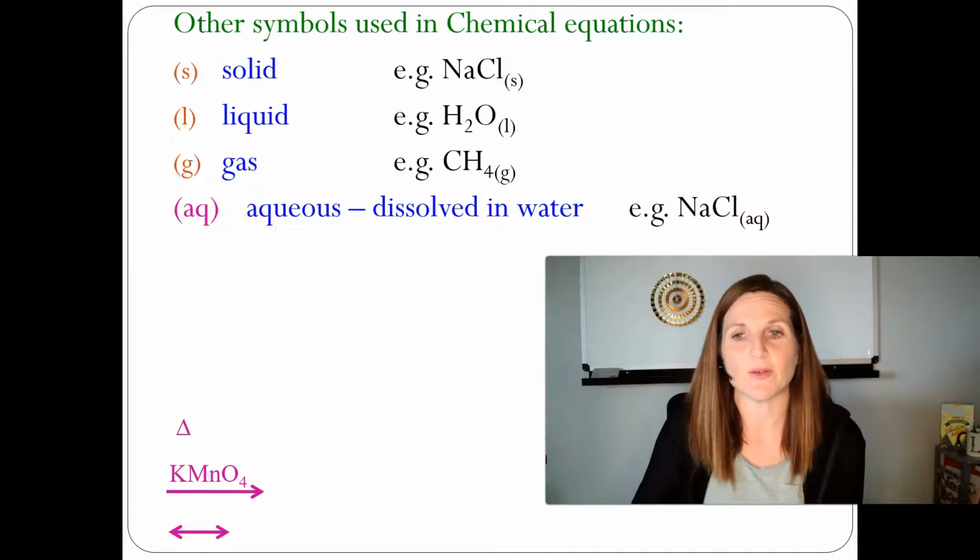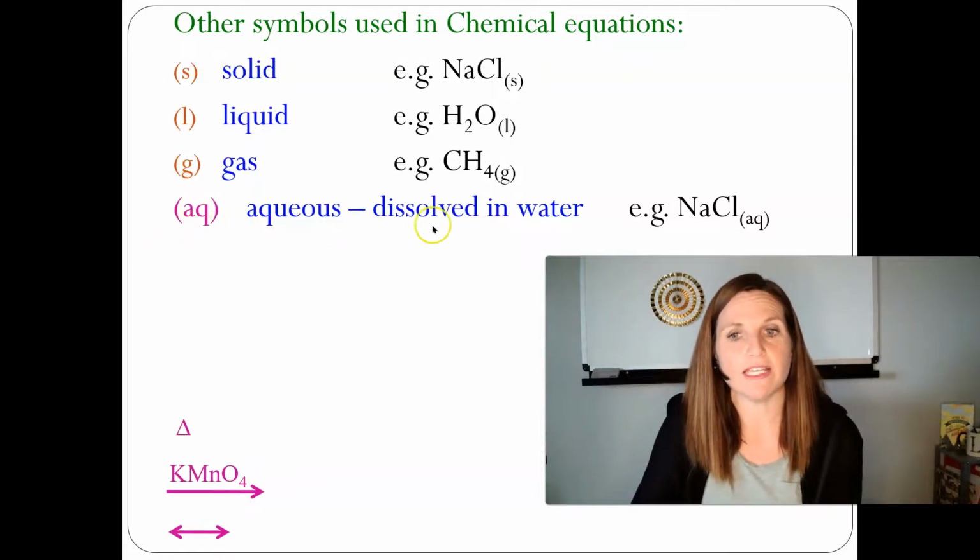An aqueous solution is one where a solid has been dissolved in water. So if I take that solid NaCl and I pour it into my liquid water, I now have an aqueous solution of NaCl. So the AQ means dissolved in water. It adds something else to the equation. We know that the NaCl is aqueous, or dissolved in water.